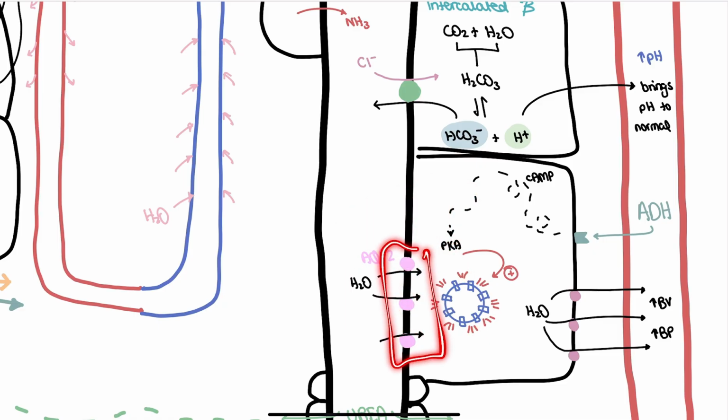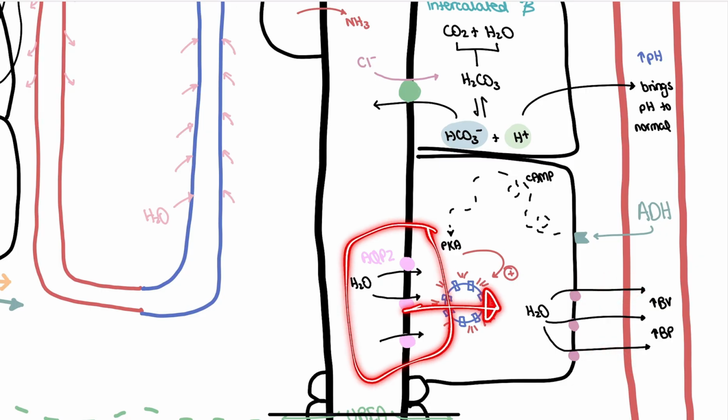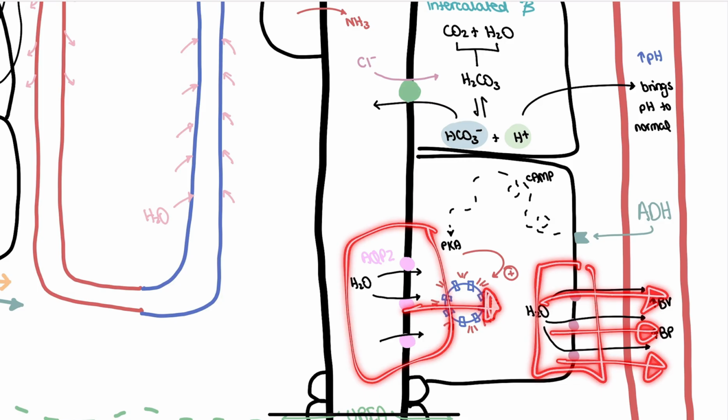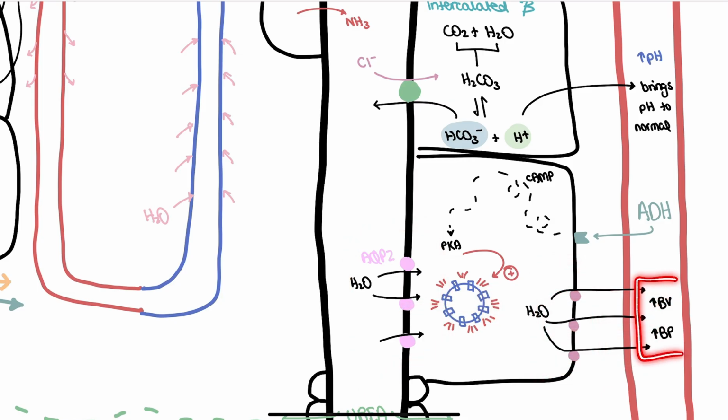When there's more aquaporin 2, there's more water going inside these cells, more water going out. I'm pretty sure these are aquaporin 3 or aquaporin 4 or whatever. But this water moving through the principal cells into these channels moves into the bloodstream. And this causes an increase in your blood volume and your blood pressure.